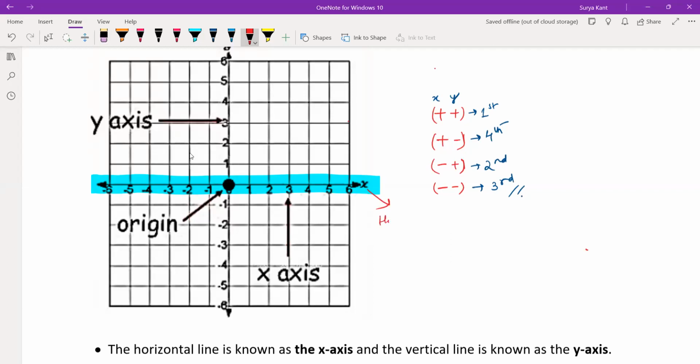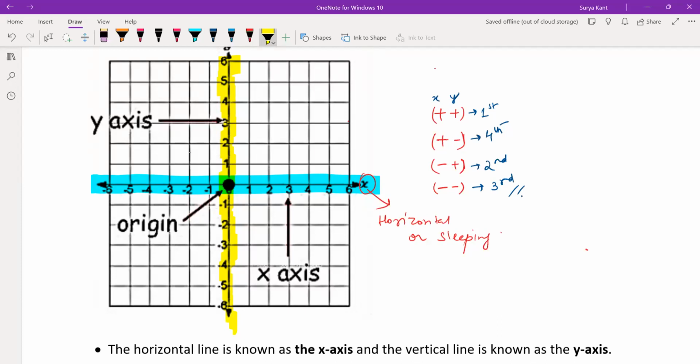Horizontal or sleeping line, this is your x-axis. And one would be your standing line over here. That is your y-axis. All right.